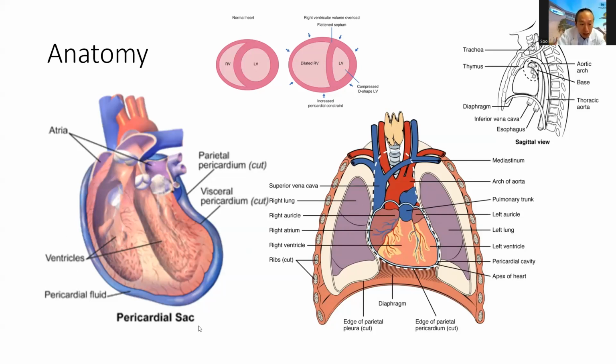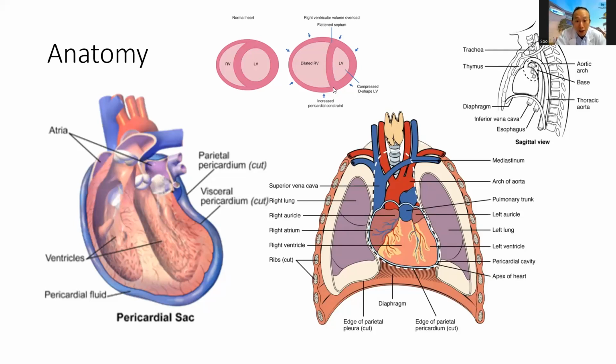Within the heart itself, the chambers are further confined by the pericardial sac. You see in this picture, the pericardial sac has 2 layers, and the right atrium, right ventricle, left ventricle, they are all confined within this pericardial sac. Being in the pericardial sac, any dilatation of any of these chambers will shift the interventricular septum and affect the volume state of the other side.